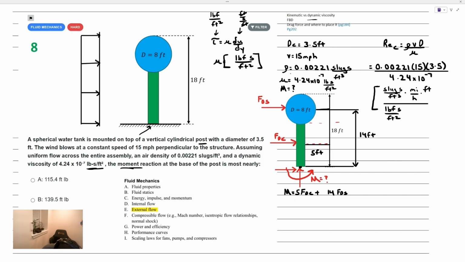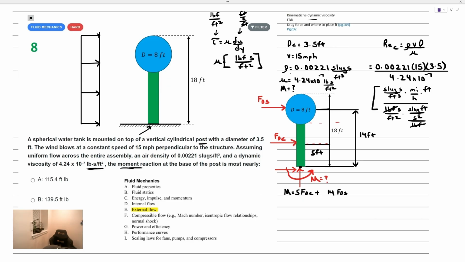A lot of units here, but we can slowly break it down and make sure everything crosses out, because we understand that the Reynolds number is a dimensionless value. Now, a slug foot per second squared is a pound force.